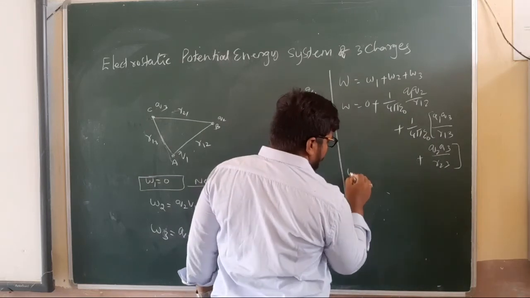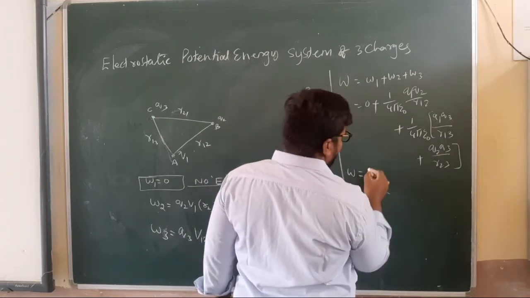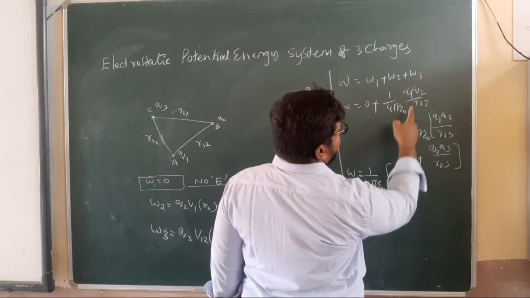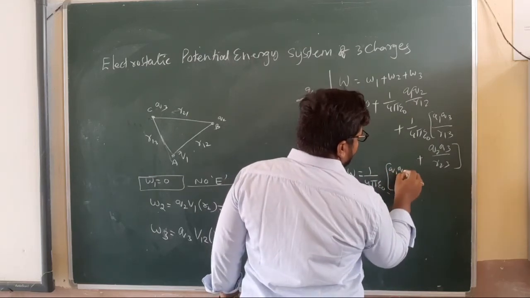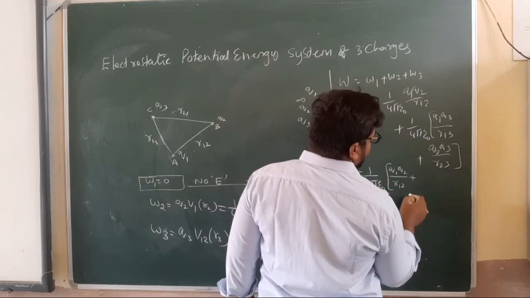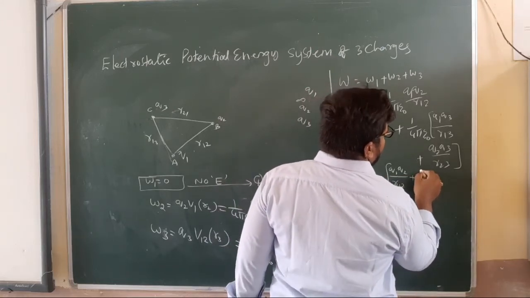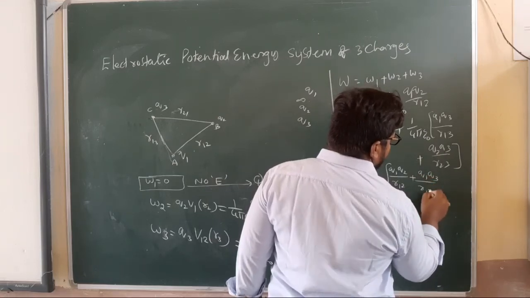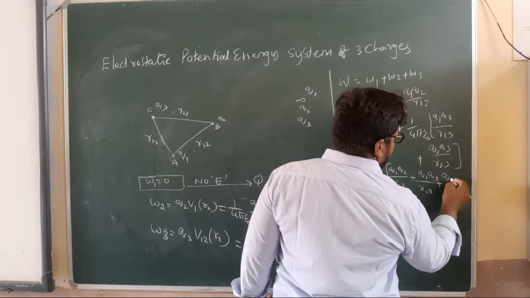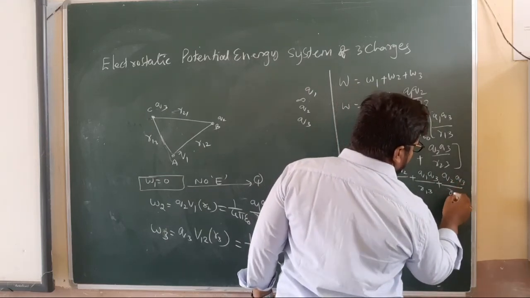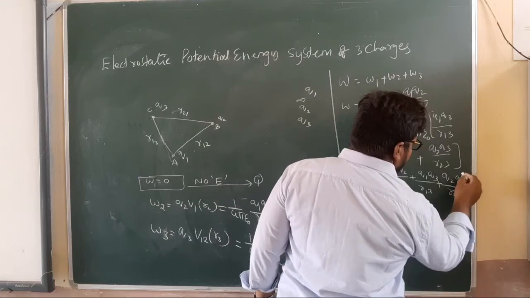So now the amount of work done, 1 by 4 pi epsilon naught, it is common. Remaining part Q1 Q2 by R12, next Q1 Q3 divided by R13 plus Q2 Q3 divided by R23. Okay, it's clear.